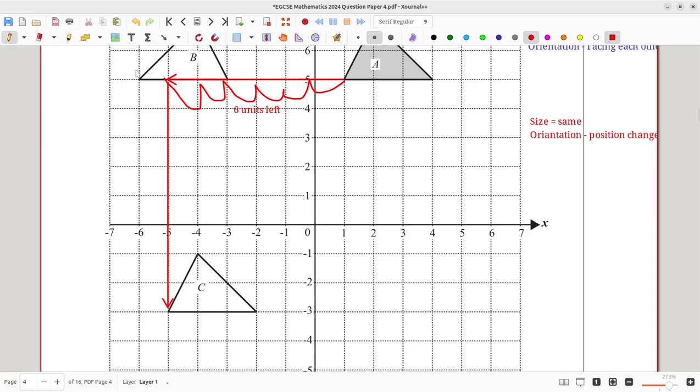And then let's check downwards. 1, 2, 3, 4, 5, 6, 7, 8. That's 8 units down.